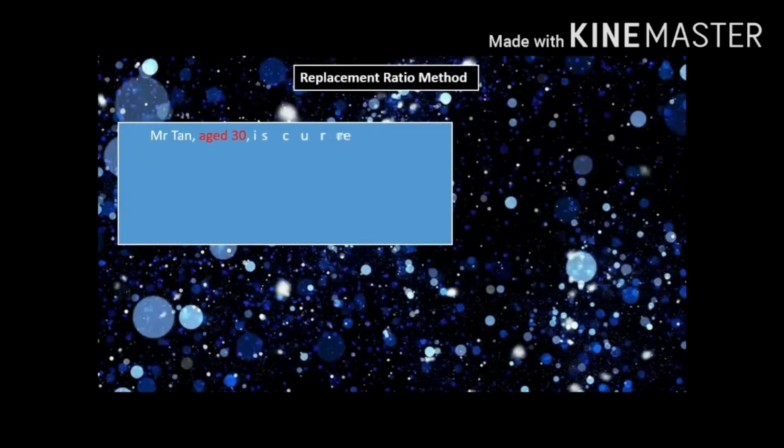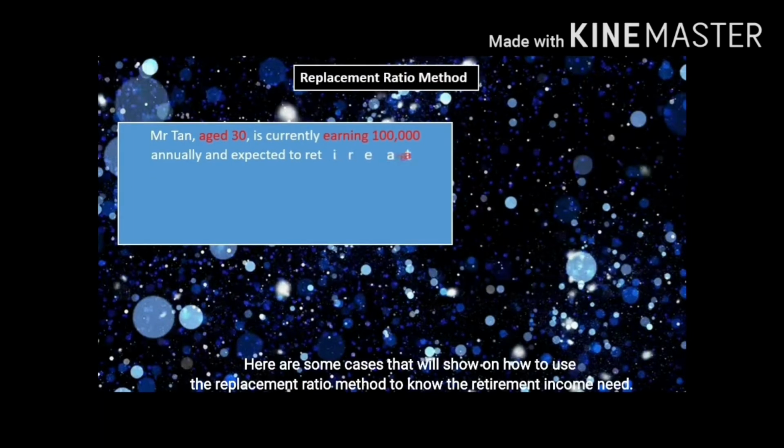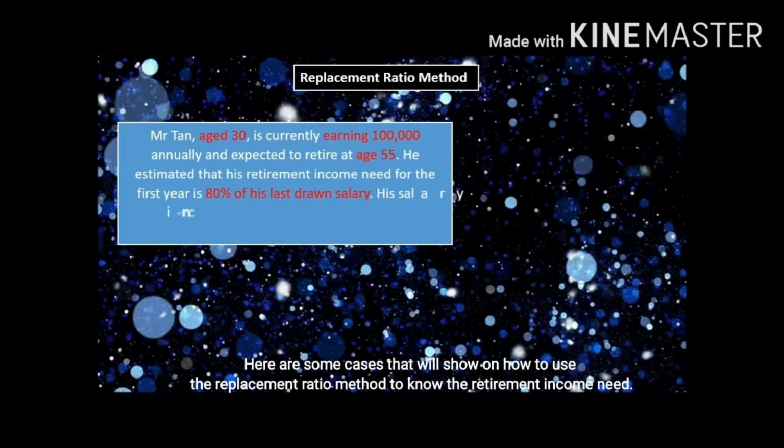Here are some cases that will show how to use the replacement ratio method to know the retirement income needs.